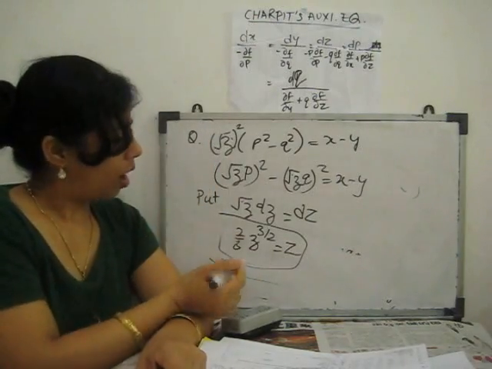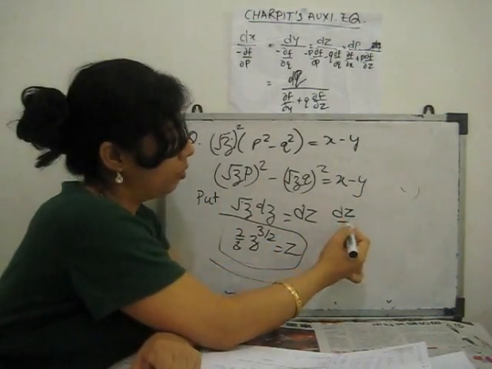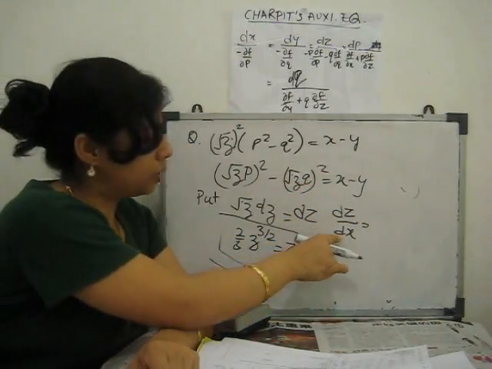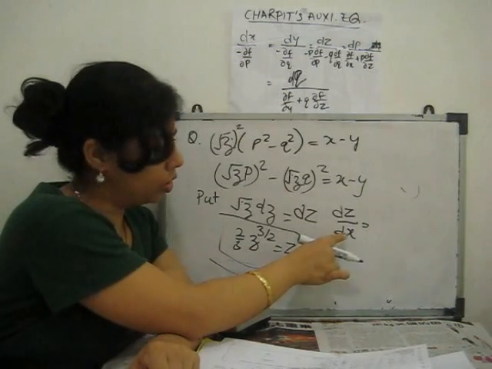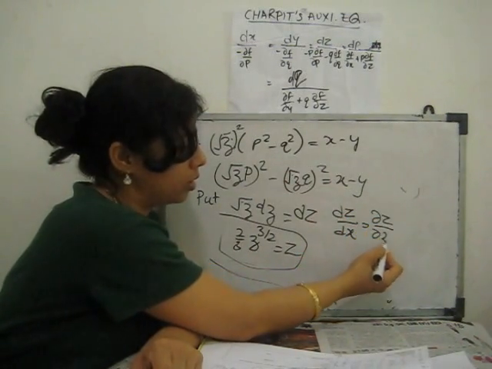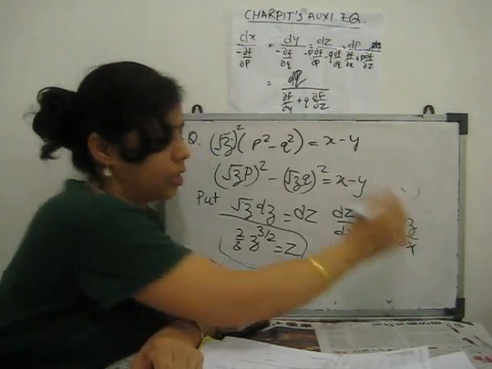Now we have to find out the value of dZ by dx. Clear? Because this becomes capital P. So dZ by dx we will write as del Z upon del z times del z upon del x.